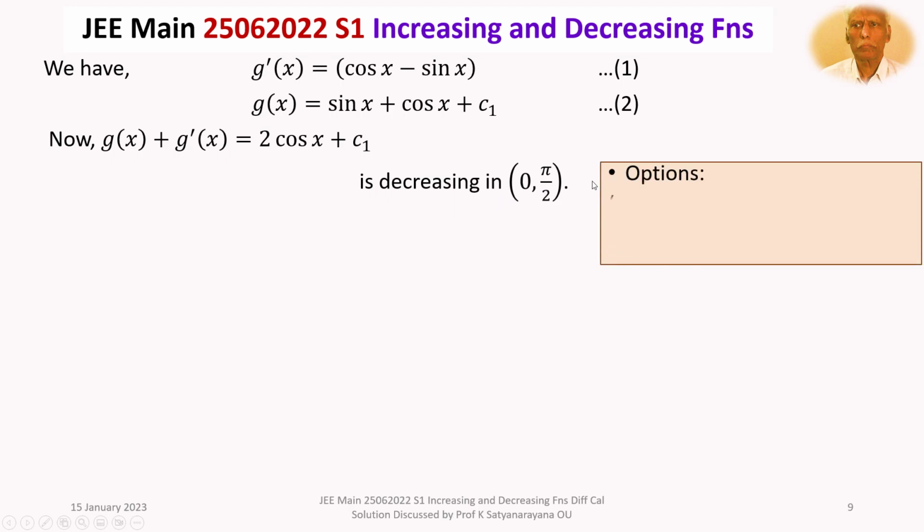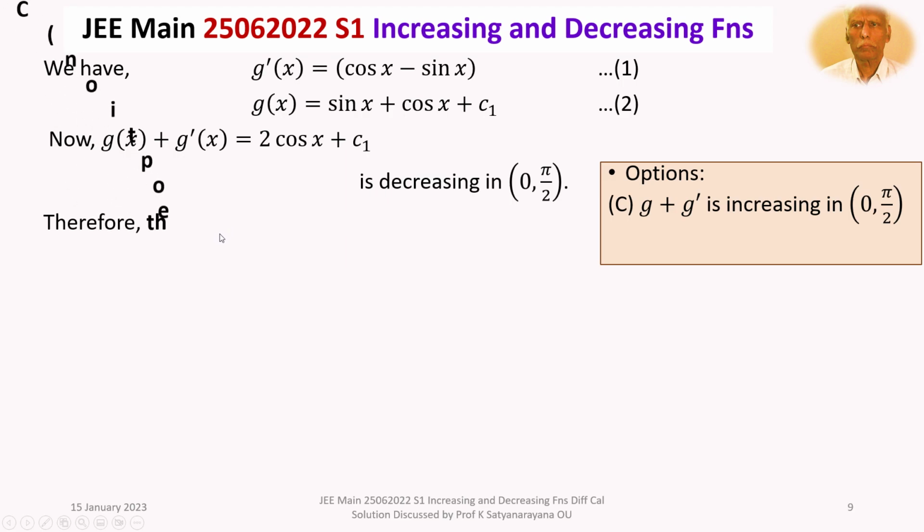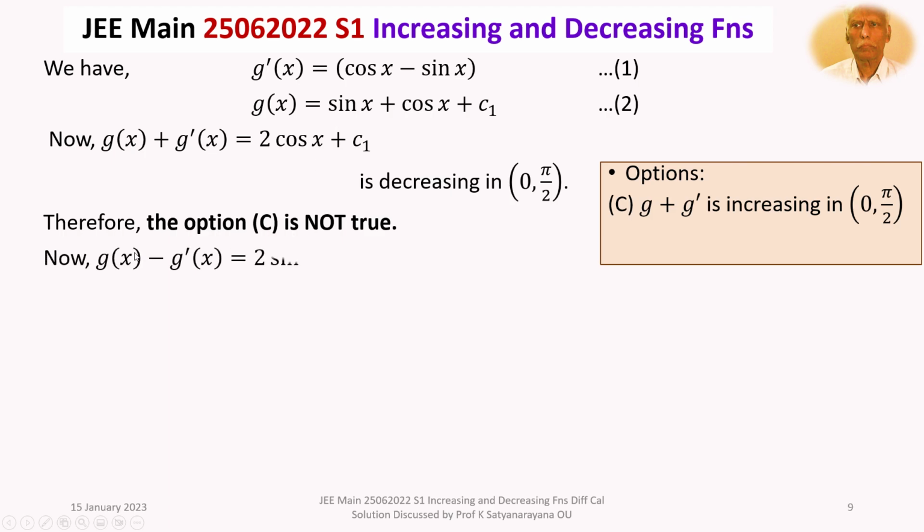So what is given in the options? Option C says g plus g prime is increasing in the interval 0 to pi by 2. Therefore, option C is not true. Agreed. Now subtract. So g of x minus g prime x will be 2 times sin x plus c1, again scaling and shifting upwards. So the properties will not change.